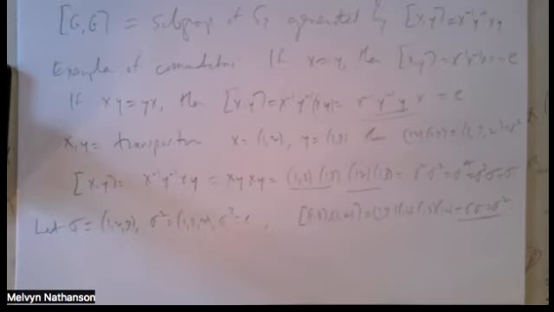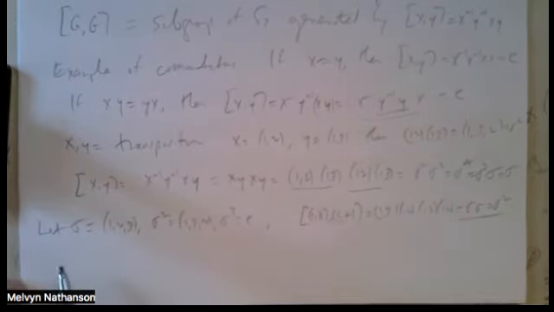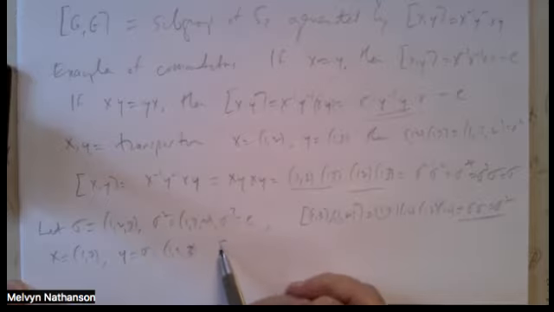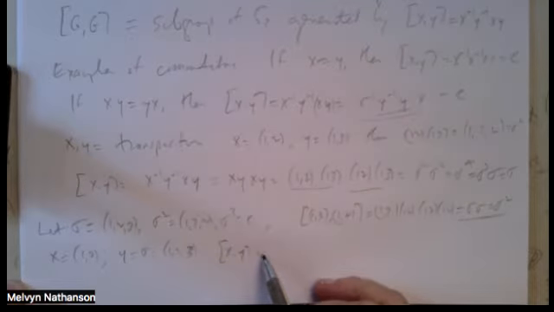Suppose I take x to be a transposition (1 2) and y to be sigma, (1 2 3). What is the commutator in that case?